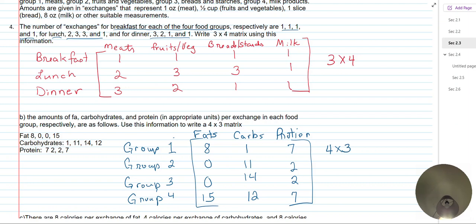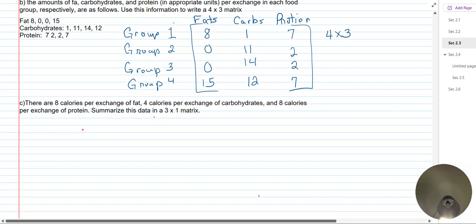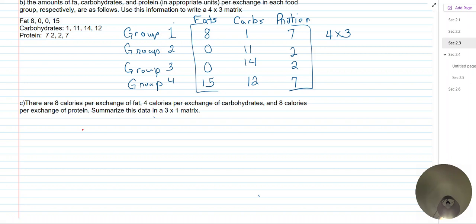All right. So then they're asking us, there are 8 calories per exchange of fat, 4 calories per exchange of carbohydrates, and 8 calories per exchange of proteins. So now what we're doing is constructing. We're getting ready to do other processes and solving these matrices, and this is a segue. So our categories again are fat and carbs and protein.